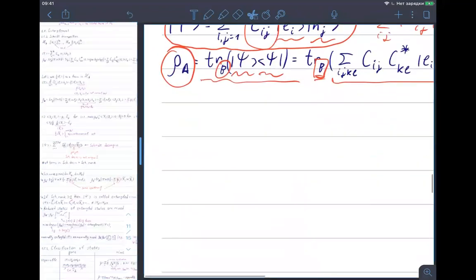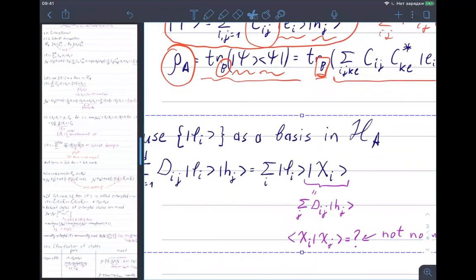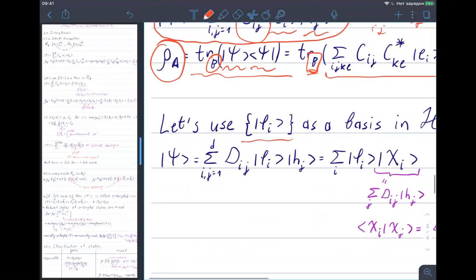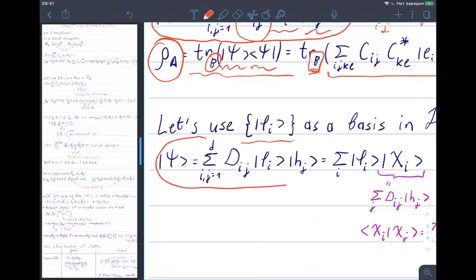I can take my original state psi and rewrite it in a new basis, where the basis in the space A will be the vectors which come from this diagonalization. So we take these phi_i as a basis and write our psi, and of course these coefficients will be not c but some d.